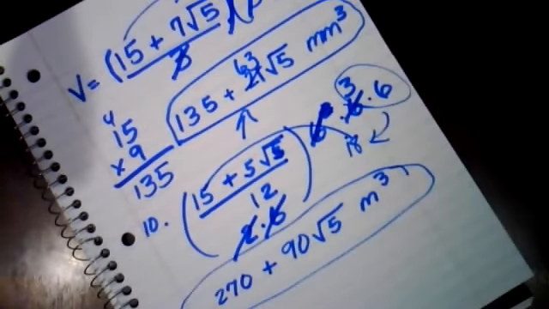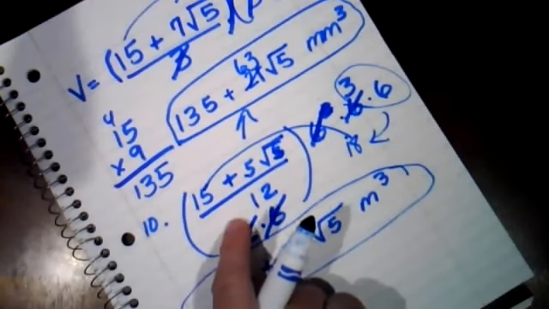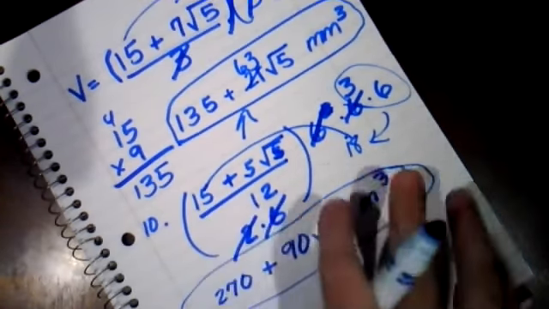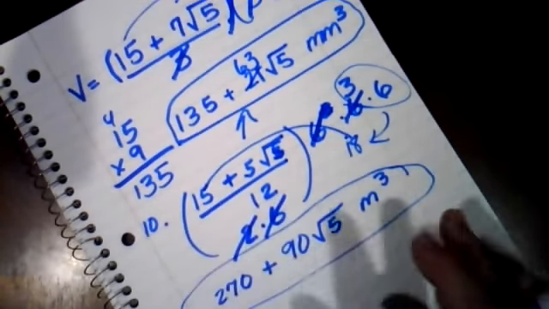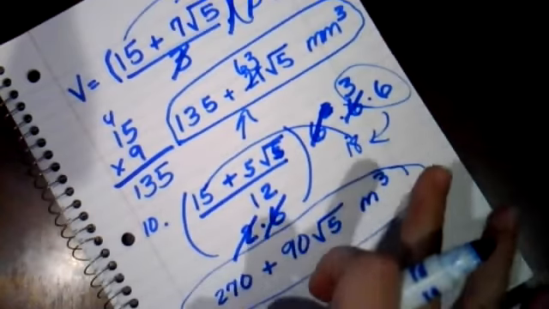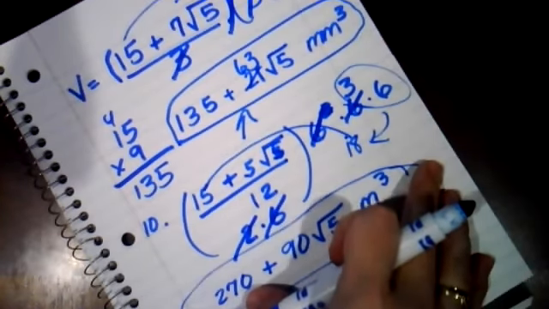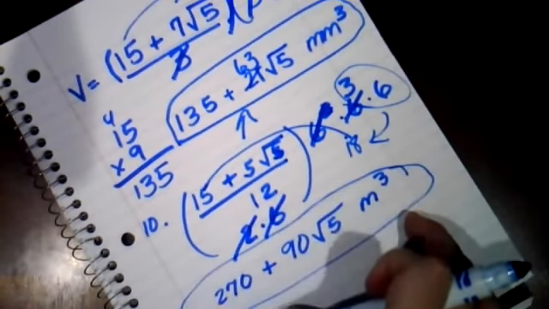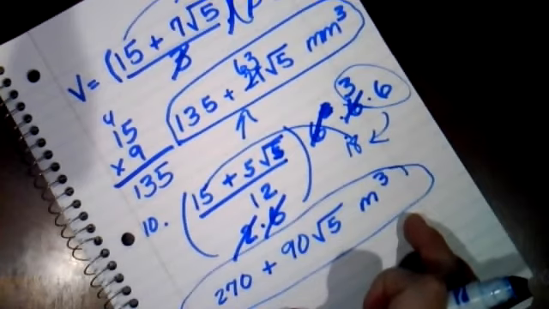Now, if you did this on your calculator, you probably get a decimal, but I'll say this. If you do it on your calculator and you don't show any work and you get something wrong, then unfortunately it's all wrong.